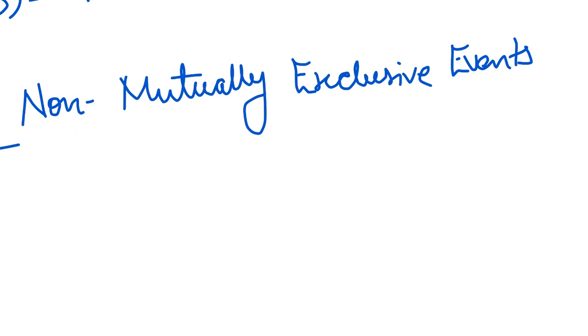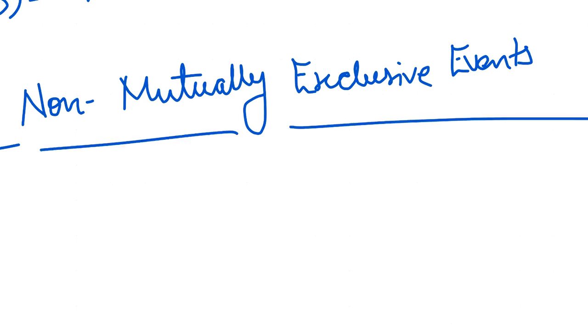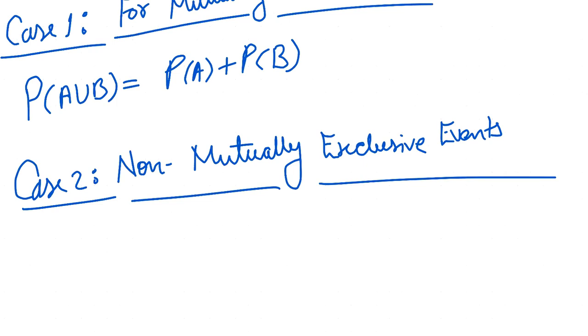If we have non mutually exclusive events, then obviously we will have P(A intersection B).